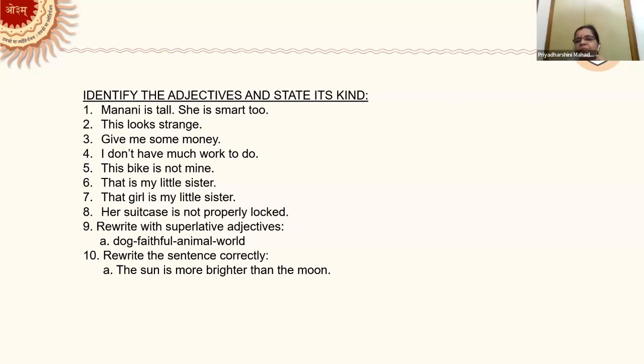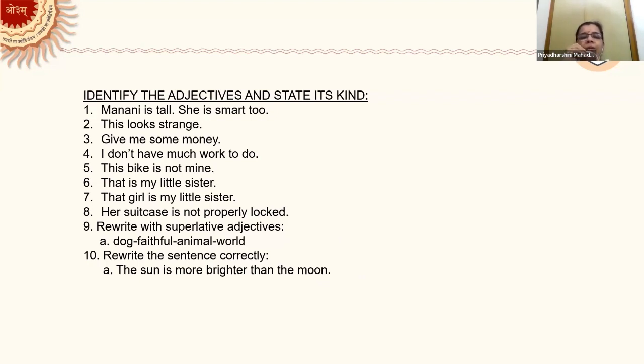Possessive adjective. So teachers, before we start the class, especially for class 5, we should be thorough with all these terms, adjectives and all, so that we will be able to clarify the doubts the children pose in the class.